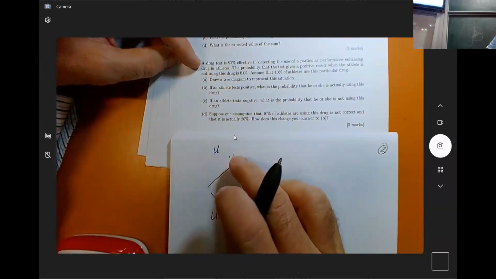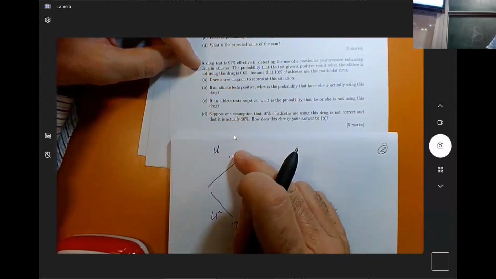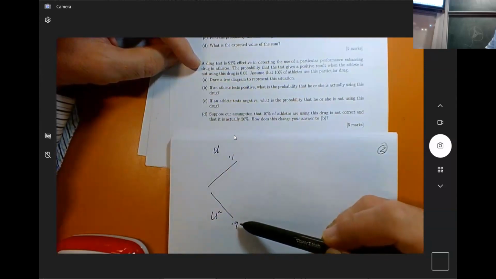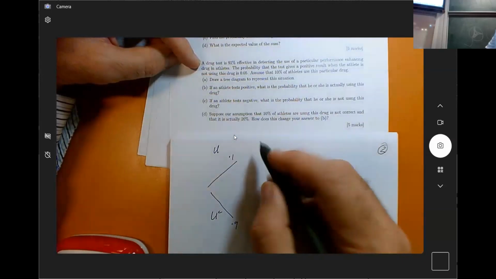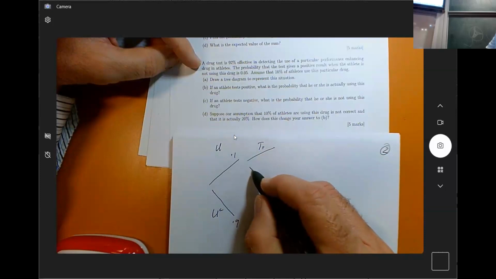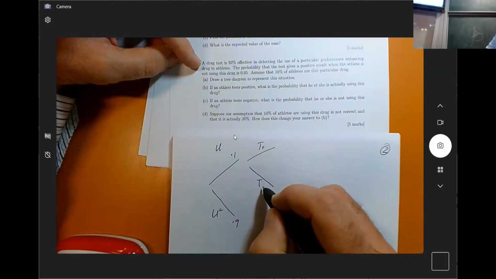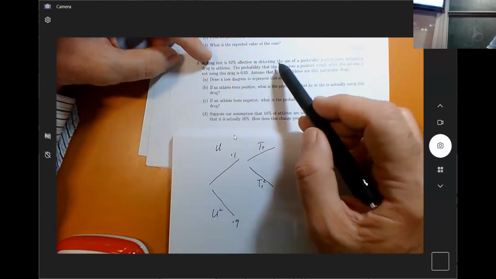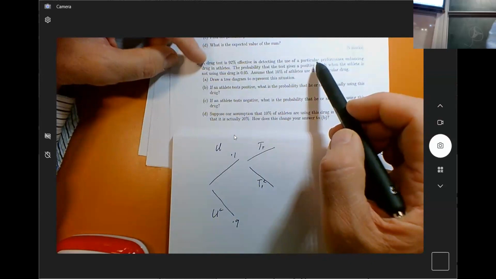So we're saying 10% of my athletes use this drug, 90% don't. Then when we come down to test positive, it's going to look a little bit funny, but I'm going to go test positive complement. All right. So we're saying it's 92% effective in detecting a performance-enhancing drug.